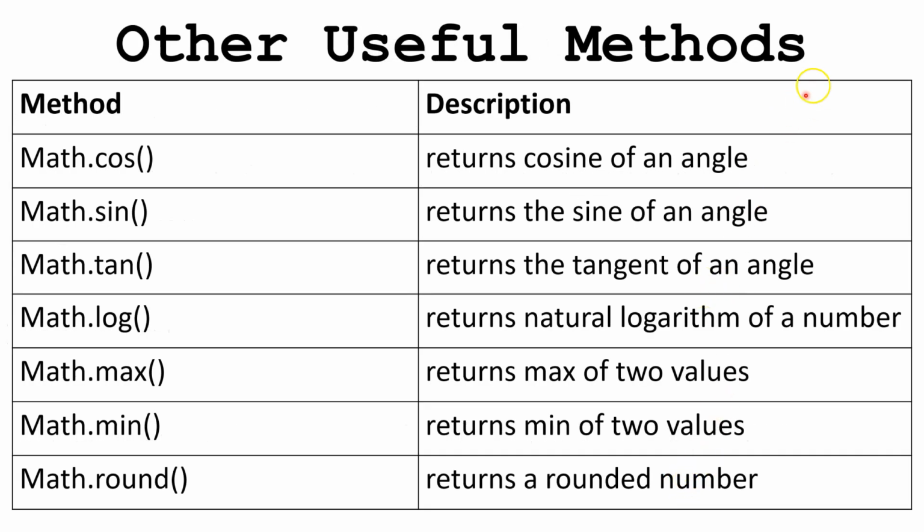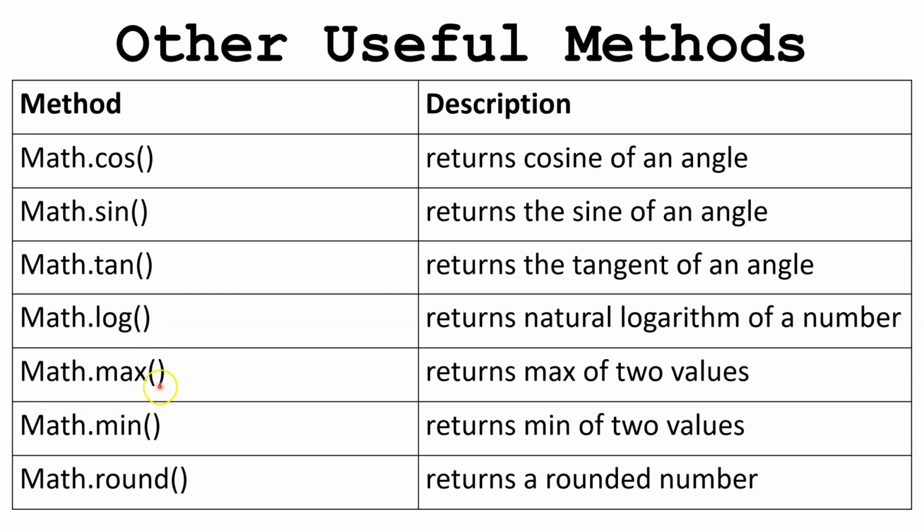Let's look at some other useful methods. Math.cos will give us the cosine of whatever angle we put in these parentheses. Math.sin will send us the sine of whatever angle we put in these parentheses. Math.tan will send us the tangent of whatever angle we put in these parentheses. Math.log will send us the natural logarithm of the number in these parentheses.